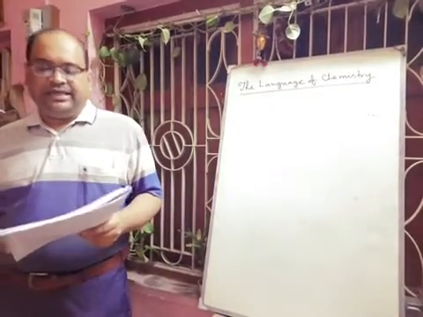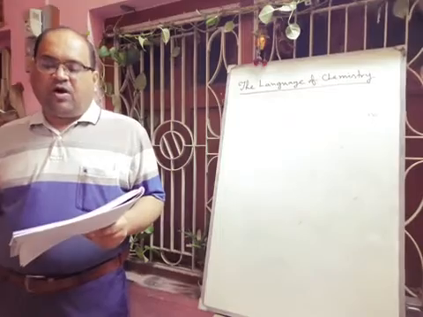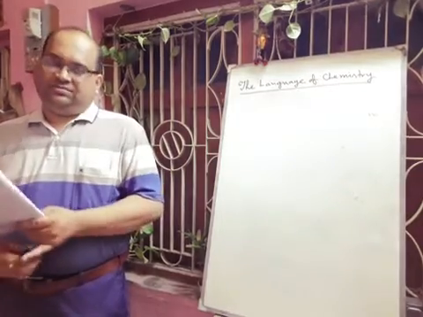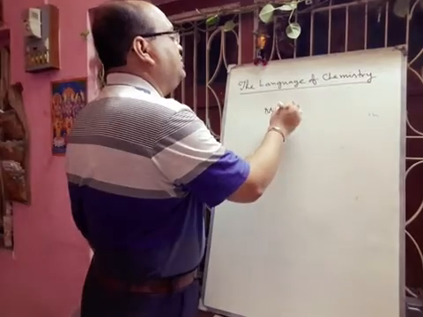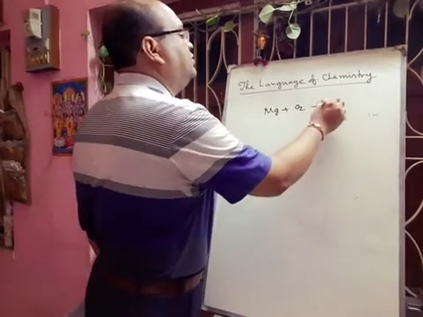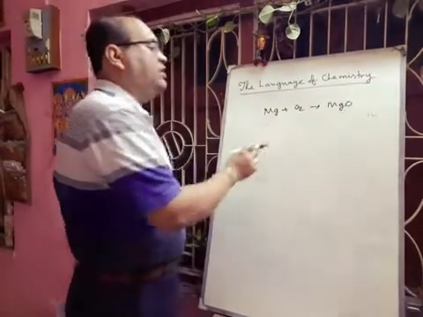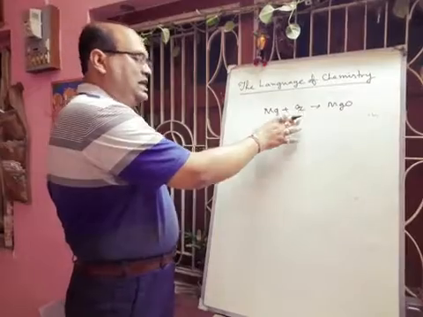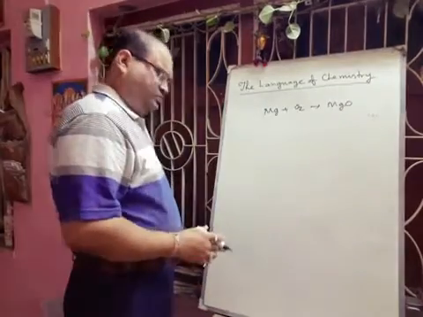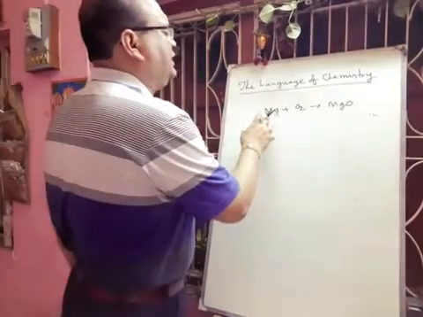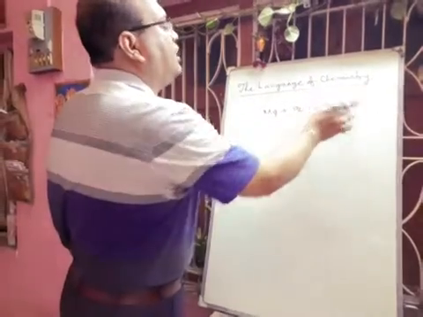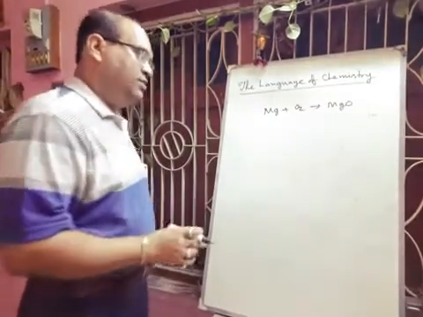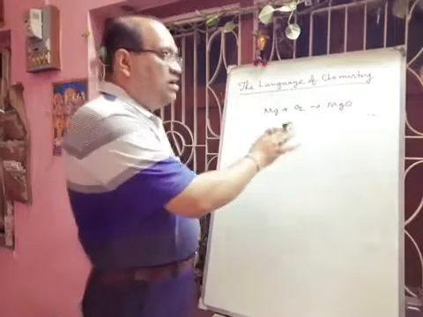Next one is given: give one example of a skeleton equation. So we can write one example of a skeleton equation: Mg plus O2 forming MgO. In this way we are writing the reactant and product. For reactants we are using symbols or formulas, and for products also, but it may or may not be balanced.